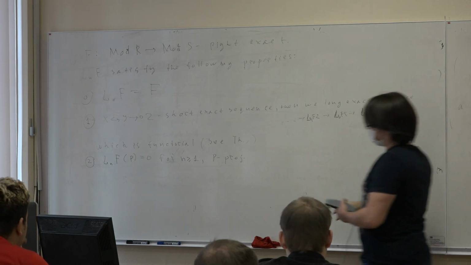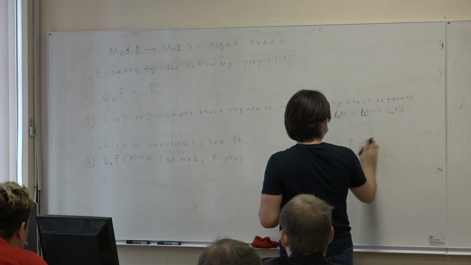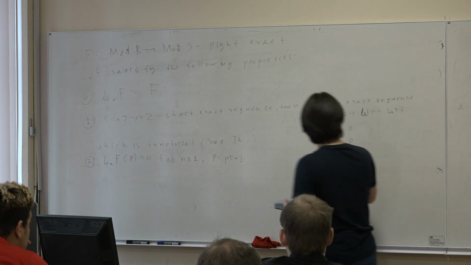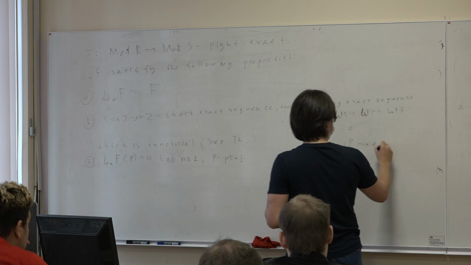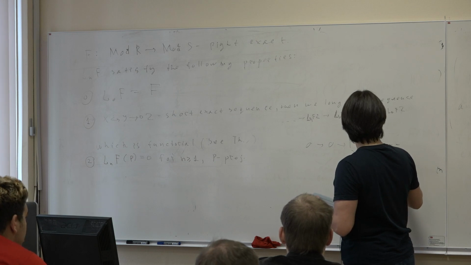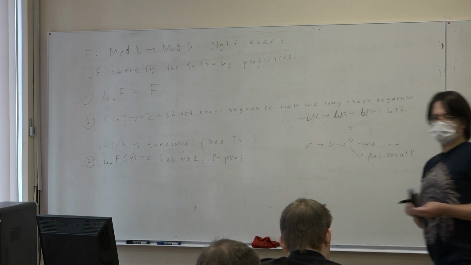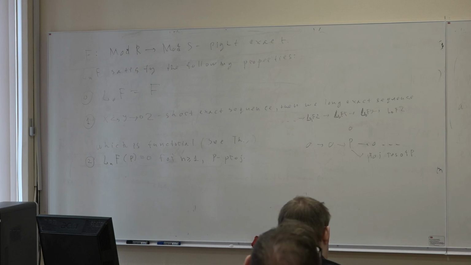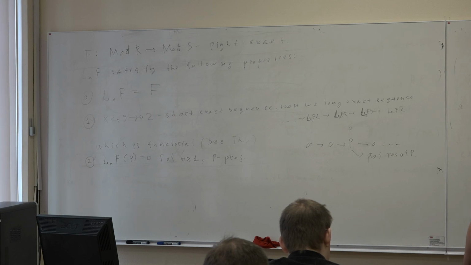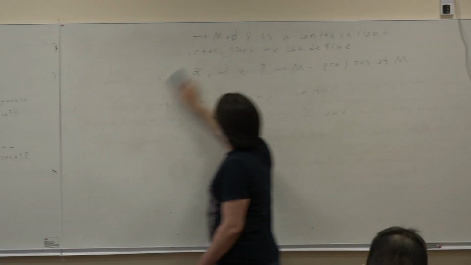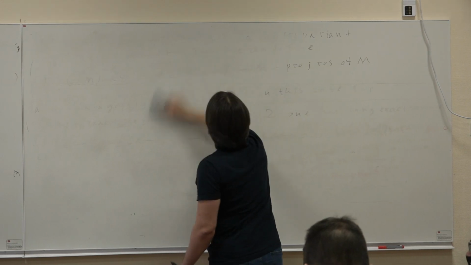Because if you have a projective P, then the complex with P in degree 0 and zeros in other degrees is the projective resolution of P. And so if we apply F and calculate homology in degrees different from 0, we of course will obtain 0.